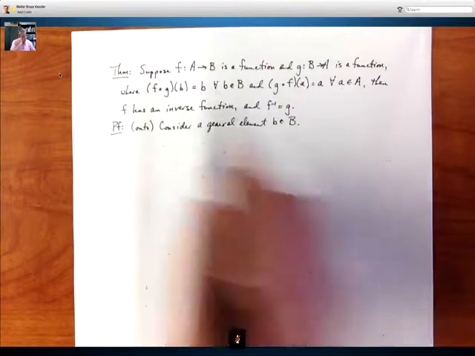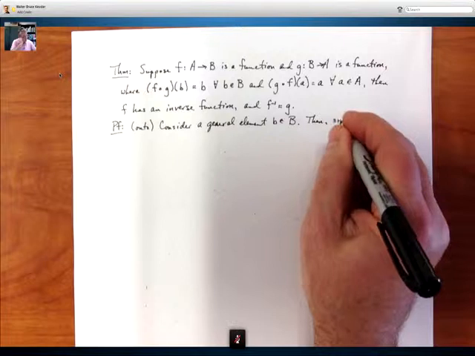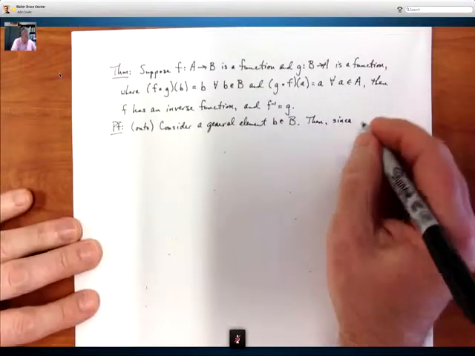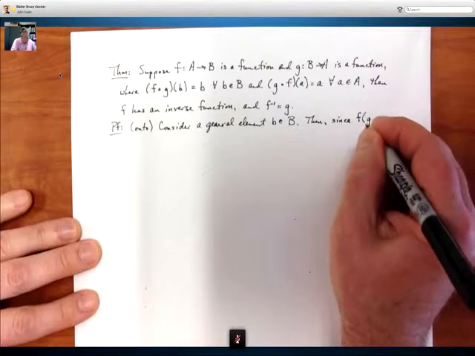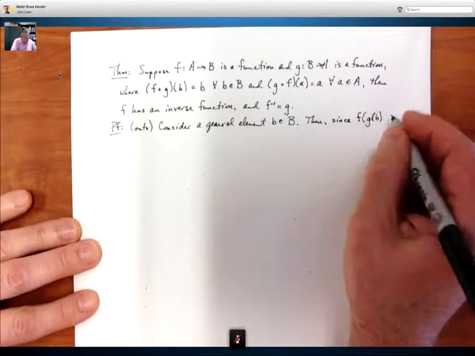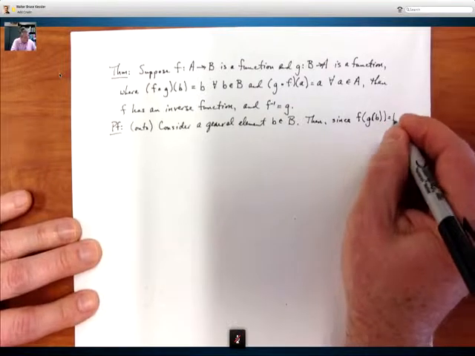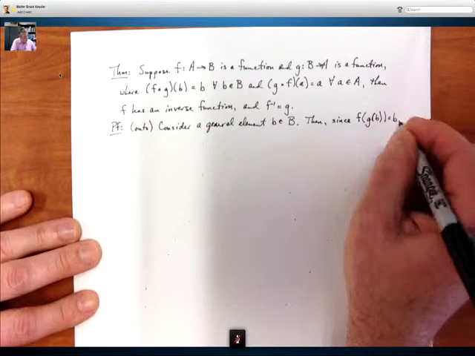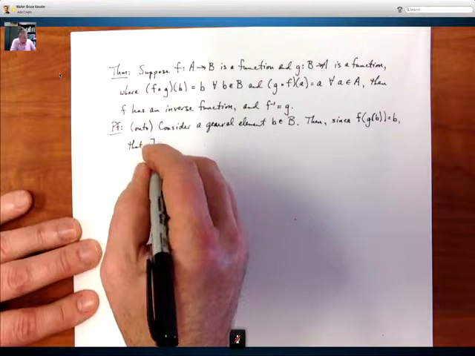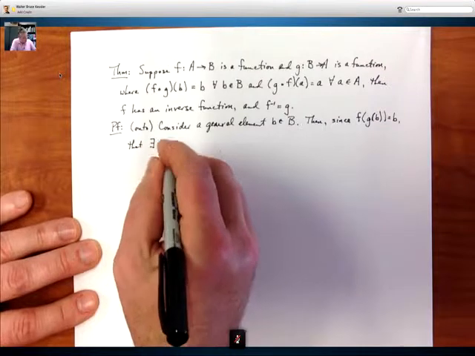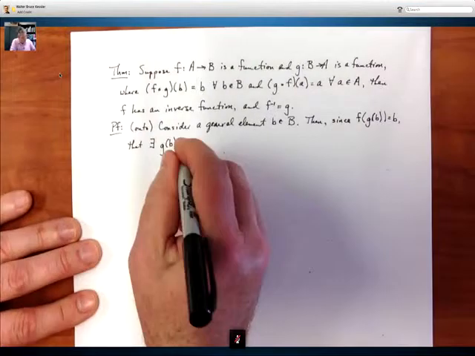I know, because of this statement right here, since F of G of B is B, that there exists G of B, think where G of B is.